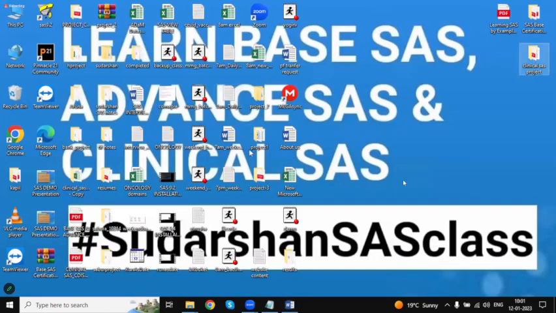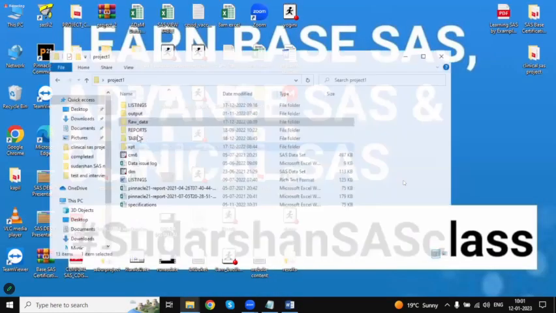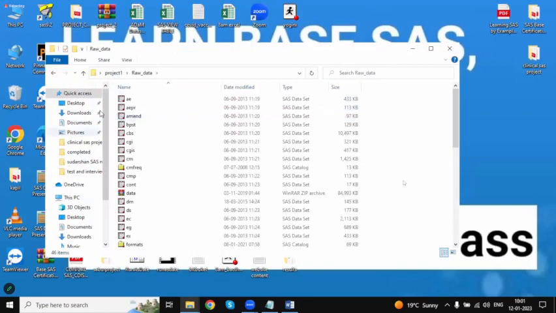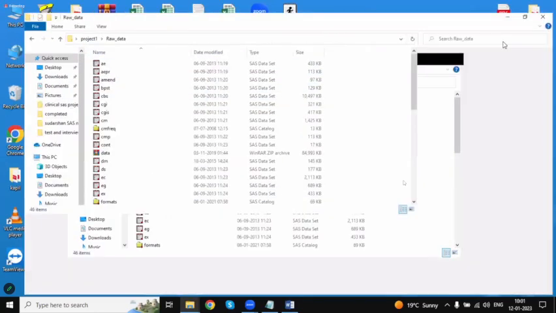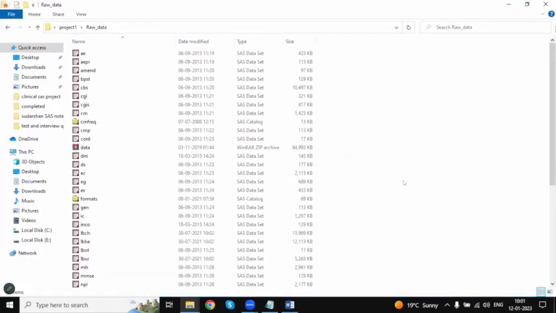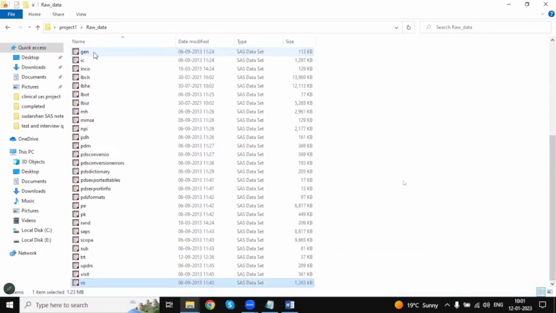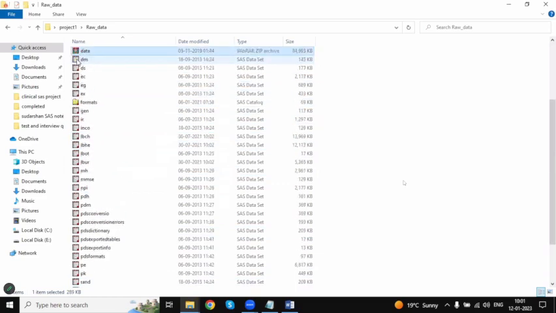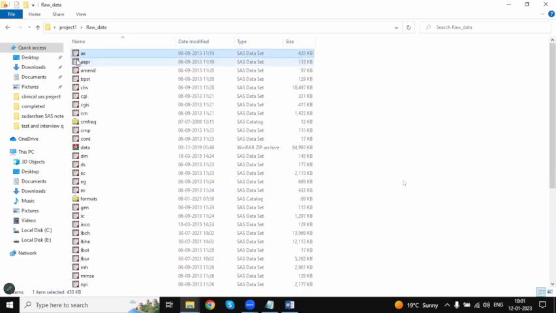For example, if you're working on one project, they prepare raw data sets like this: all the subjects' adverse events information in one raw data set, all the subjects' medical history details in one raw data set, and all the subjects' informed consent information, captured in the form of raw data sets.